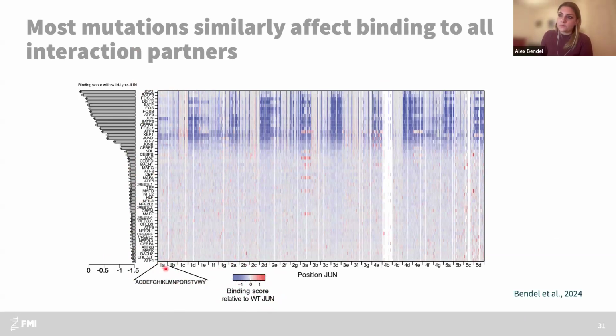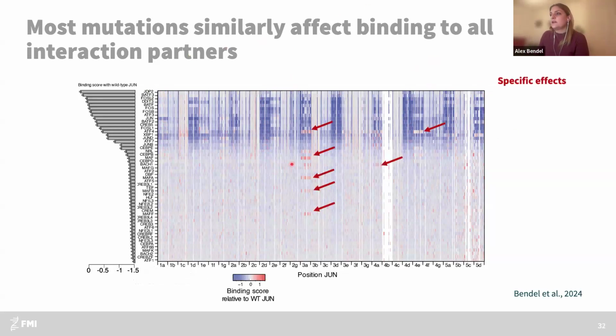For example, heptad 1 position A here at the very first column, and then what effect on the interaction the given mutation had. And what's striking first is that most mutations seem to have a similar effect across the partners, which is indicated by these blue vertical lines.